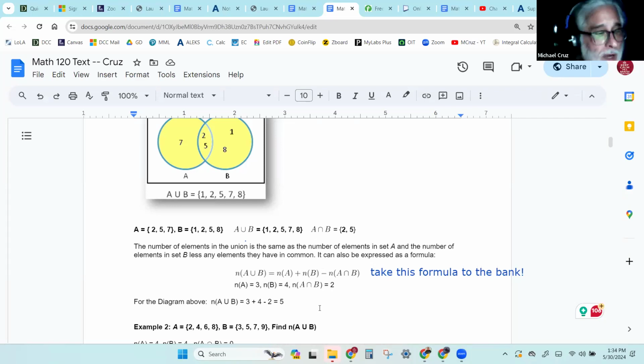So 7 minus 2 gives us 5. So there's the 5 in the union. Where did those other 2 go? What happened to those other 2?